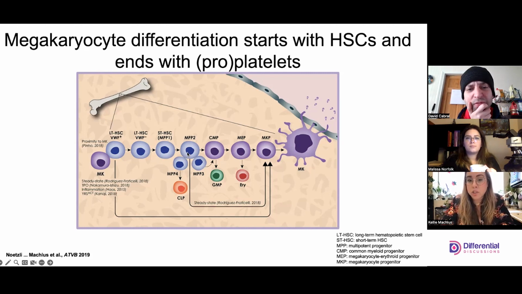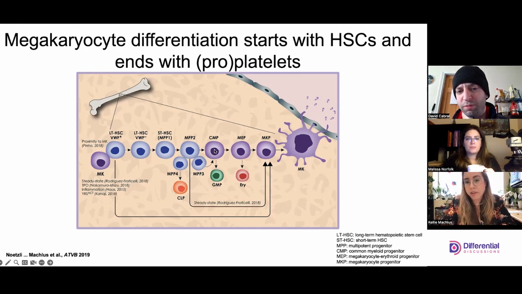And then multipotent progenitors means they're a little bit biased. So for example, this MPP4 we think are more likely to become lymphoid. MPP2 are more likely to become myeloid, as are MPP3s.